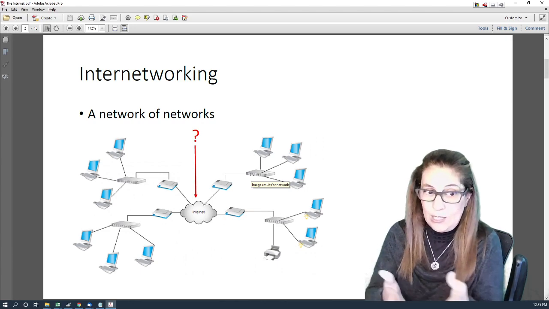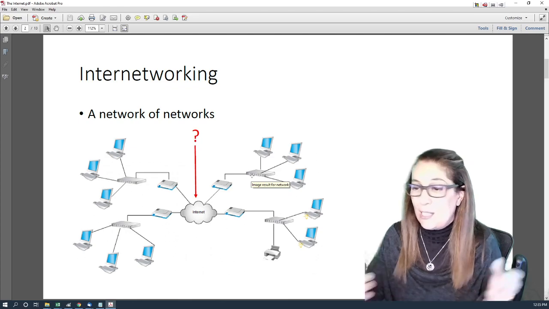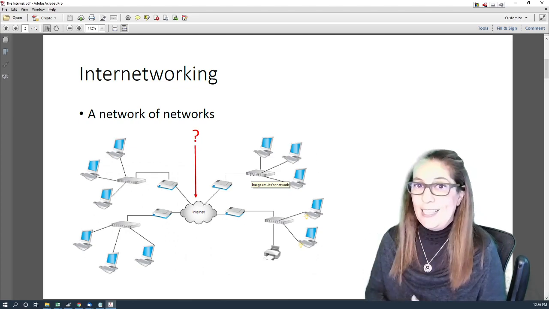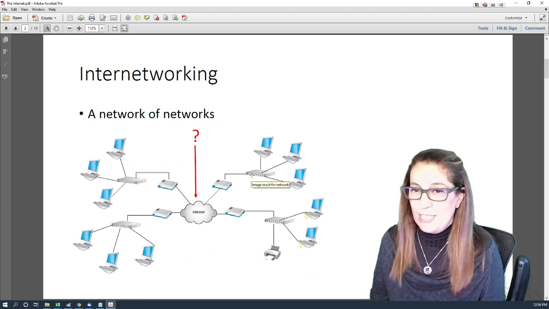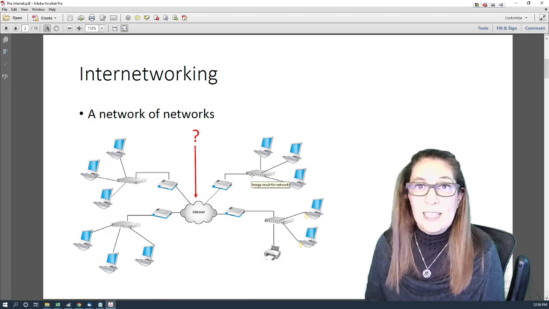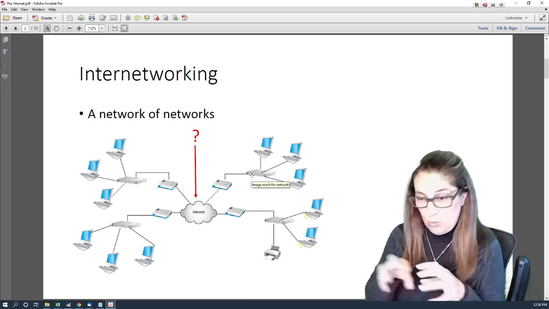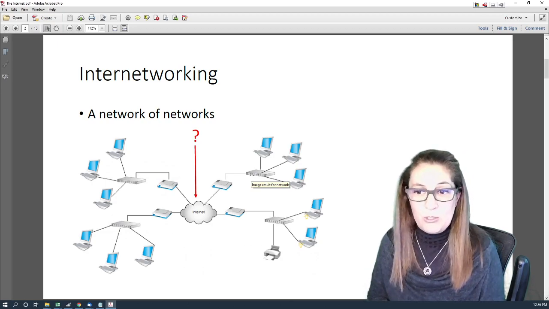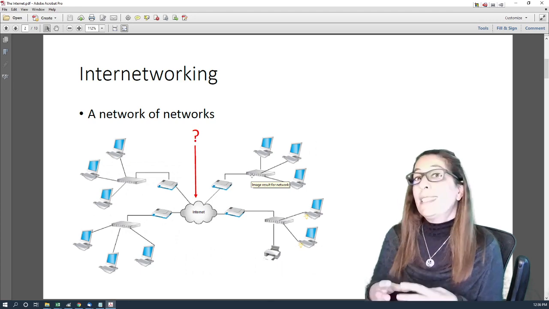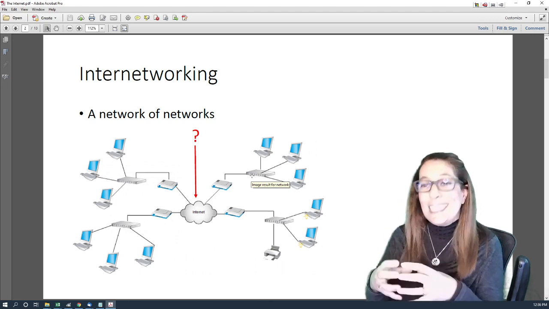We have different devices that are connected to a router, which is a very important component of these networks. And then the router routes packets among the different computers in our house when the traffic is between the computers. And so that is already a network right there. So what is the internet? The internet is an internetworking.